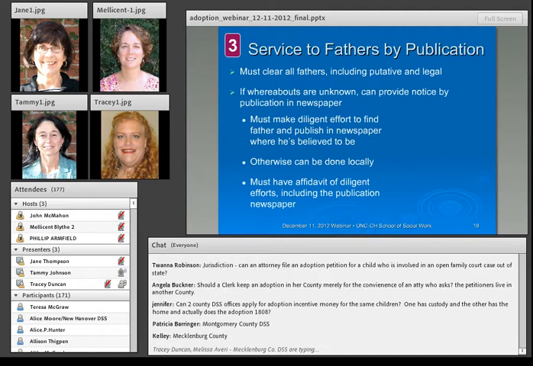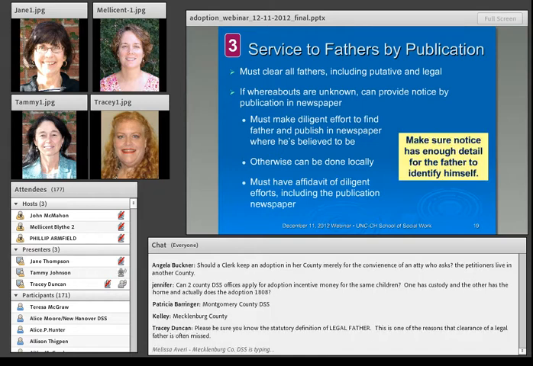The affidavit of due and diligent search we don't get on a number of occasions, but also when they publish, make sure that they're putting all the information in the publication that is required by statute. They can be served personally by certified mail, but this is strictly about publication.